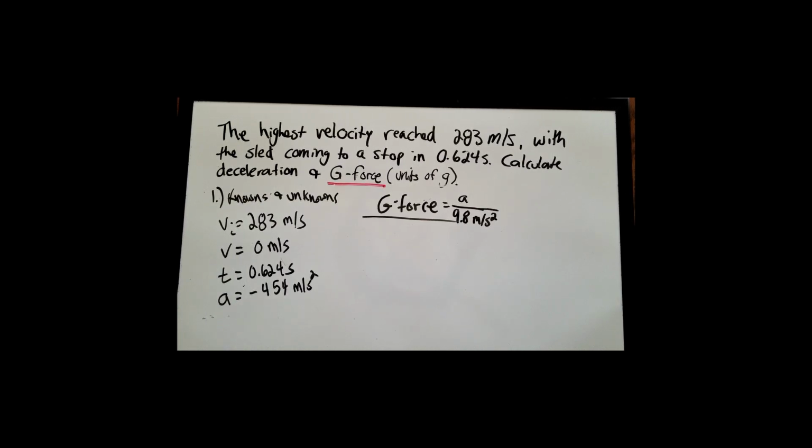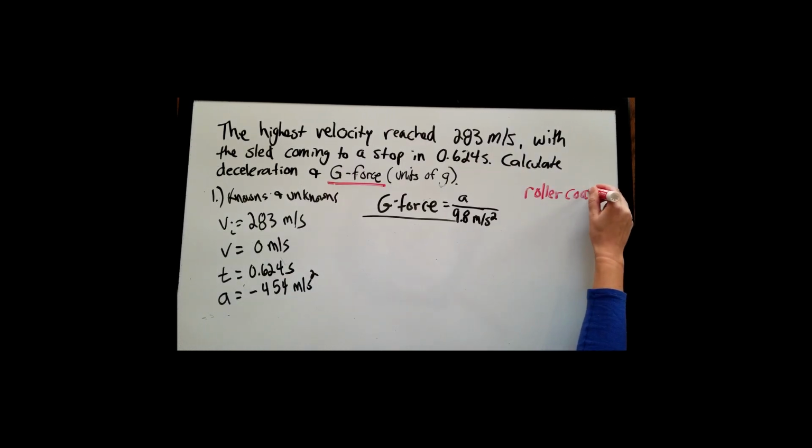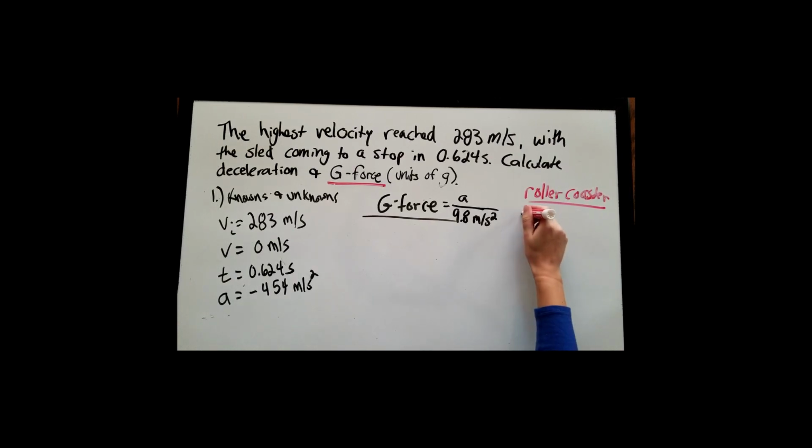As an example, let me write off to the side. The average roller coaster, their goal is to stay in the range of 4 to 6 G's as a max for acceleration.